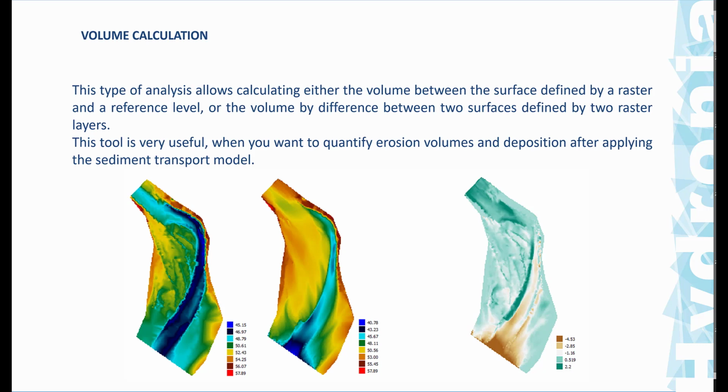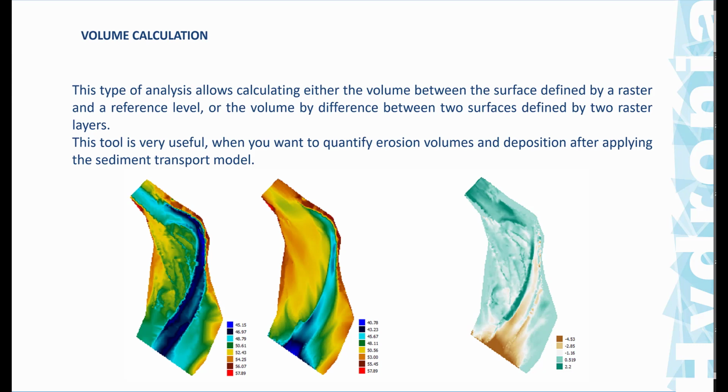You can use this tool to have, let's say, the bed surface of the terrain that it was before the sediment transport simulation, then the surface that ended after the simulation of sediment transport.